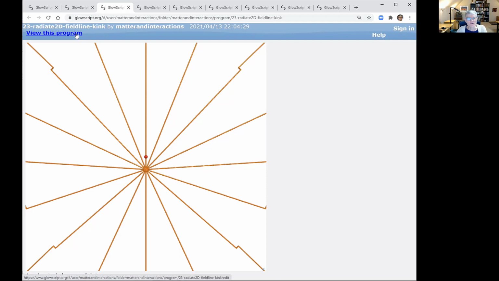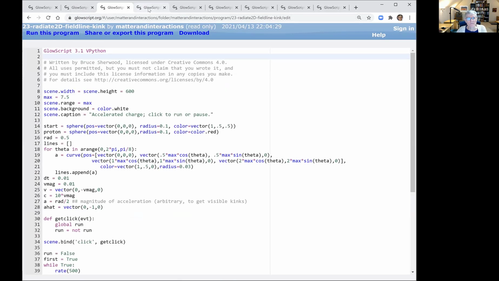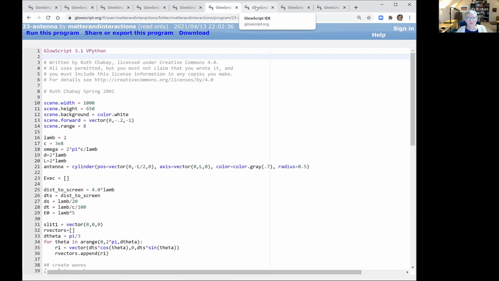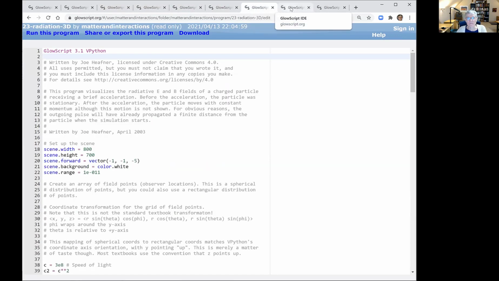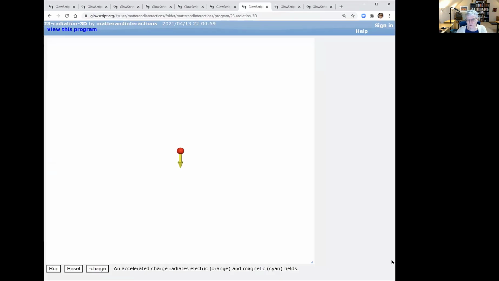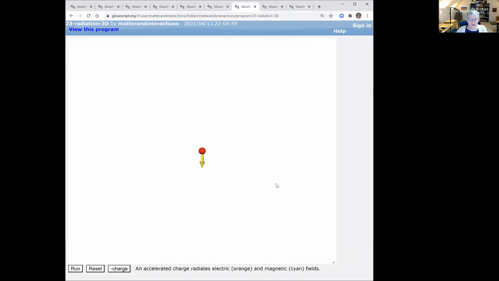Okay, so what does this actually look like in a more familiar representation to us? So here's a charge. It's currently a positive charge. And we're going to give it a kick and accelerate it downwards just like we did before.